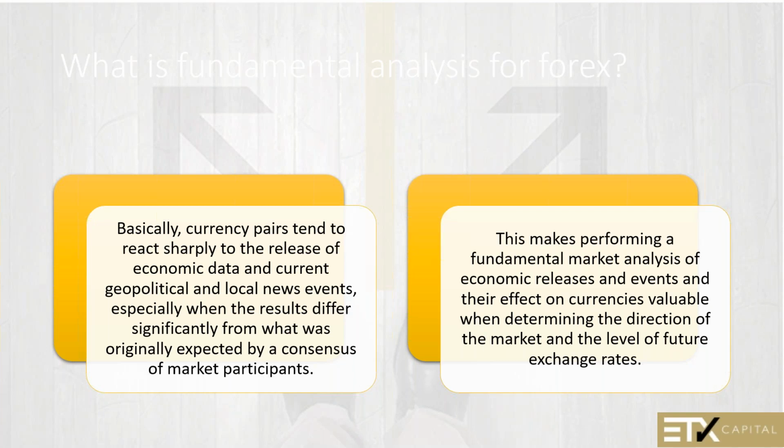Now, to give you a perfect example of some of the news events that affect the markets, what day was it? Was it the end of last week? Yes. I'm trying to think. No, it was over the weekend. The president of Turkey fired the head of the central bank and basically took over the central bank.